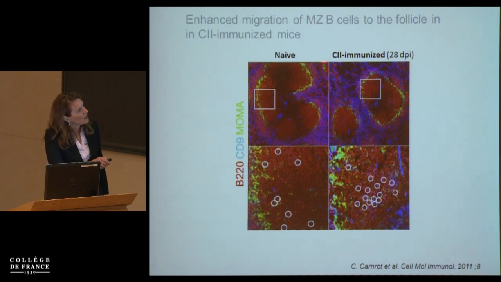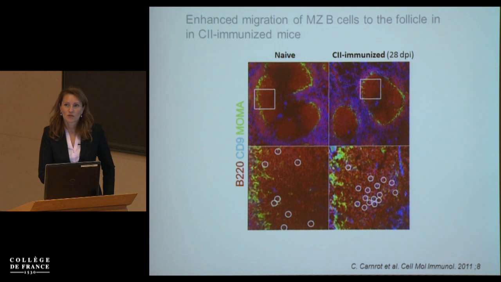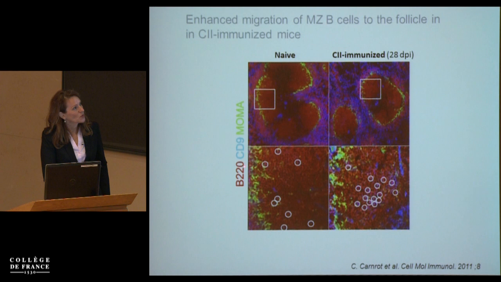This slide shows a follicle, and this red area is the follicular B cells, and the green demonstrates the macrophages, where you have the marginal zone, and the blue here is a marker for monoclonal B cells, and when it's combined with B220, which is a marker for B cells in general, it will turn out pink. So this pink area here is now monoclonal B cells.